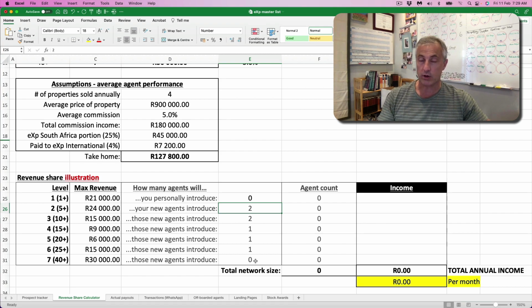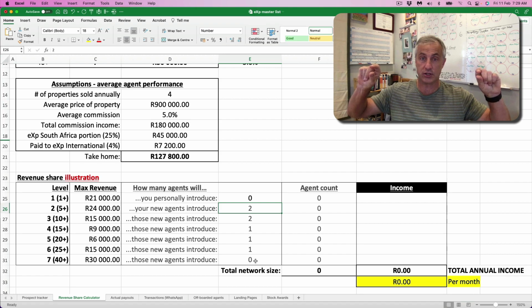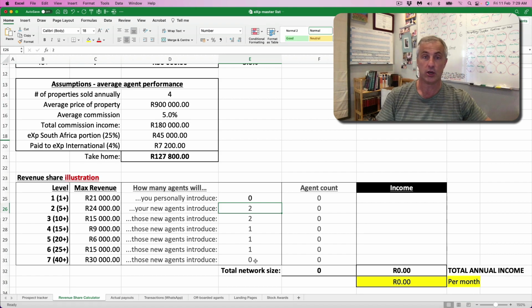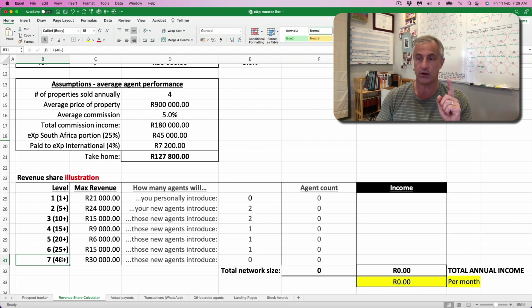In reality, what happens is if you were to sponsor 40, 50, 60 people, you will probably only have, let's just say, less than 40 qualifying agents. Now, I don't want to get into an explanation of this, but not all of your first tier agents count to unlock your tiers. You need 40 active agents to unlock your seventh tier.